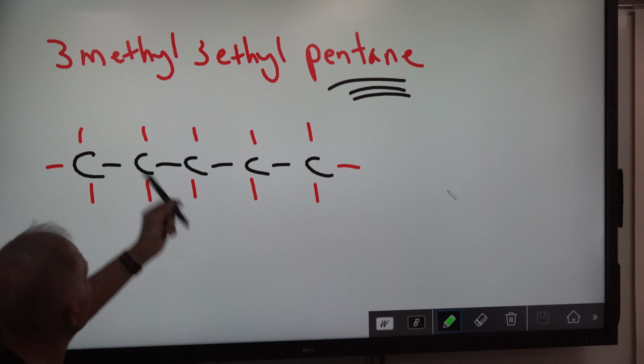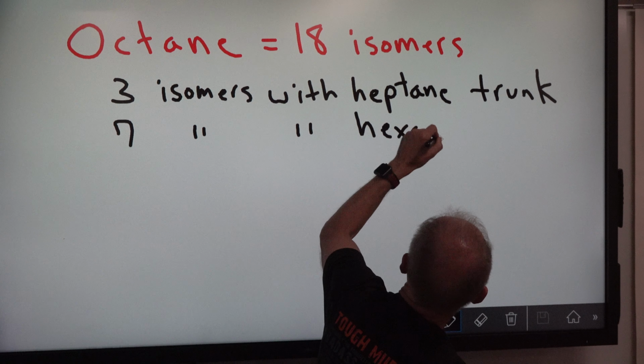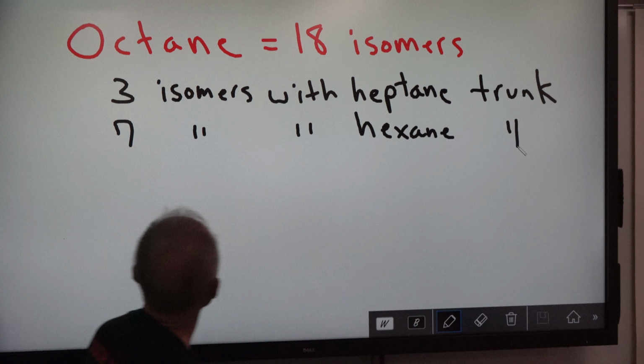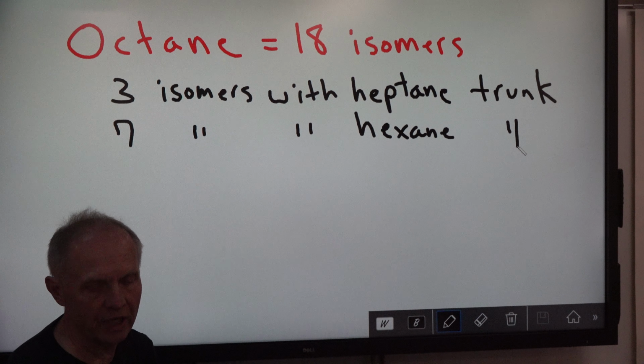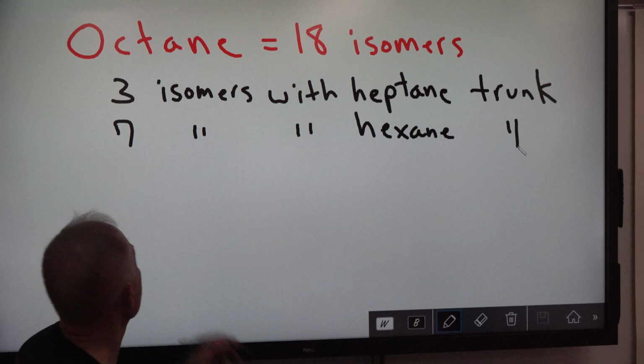There are 7 isomers with a hexane trunk. So there's 3 isomers with heptane, 7 with hexane, 6 with pentane.